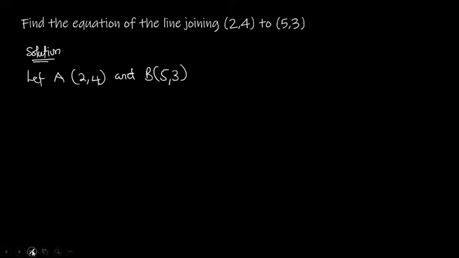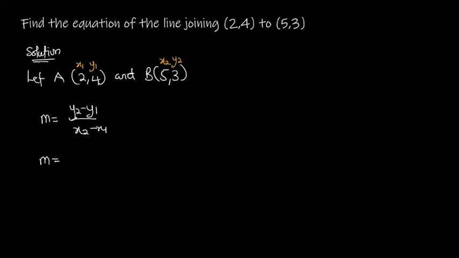Alright, so to do that, I'll first of all label my coordinates. So this is my x1, my y1, this is my x2, my y2. My gradient now is equal to (y2 minus y1) over (x2 minus x1).